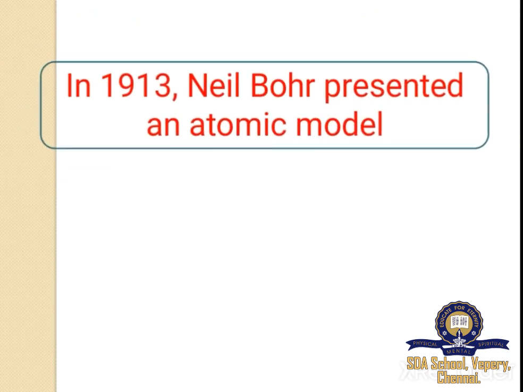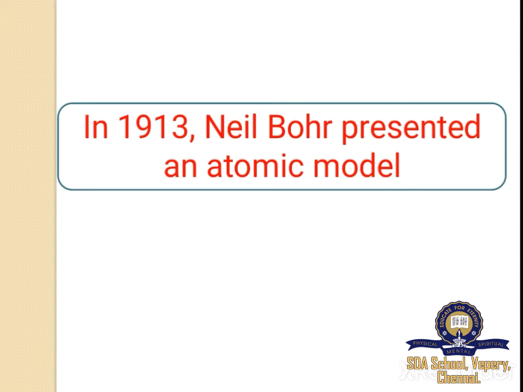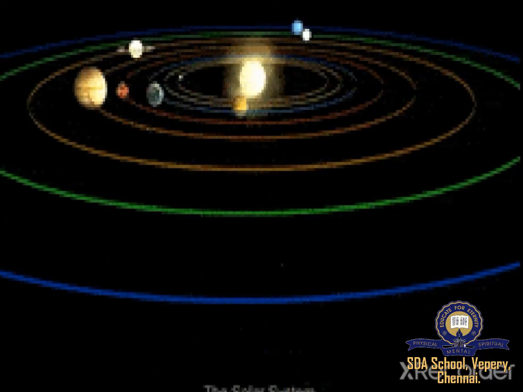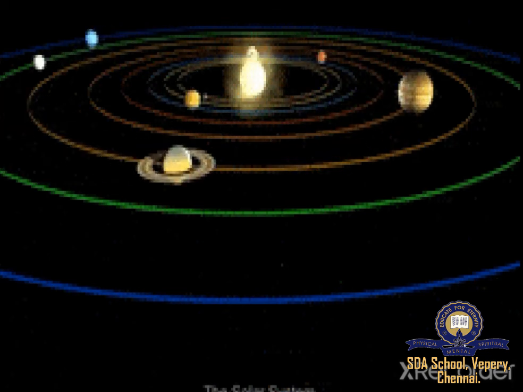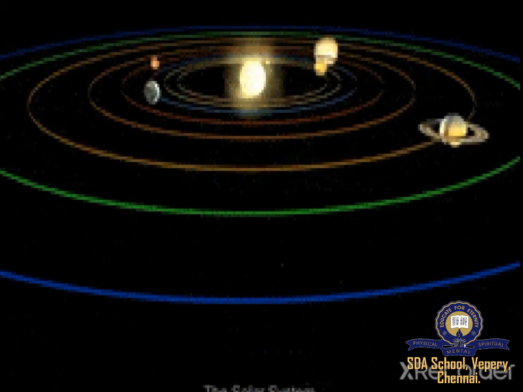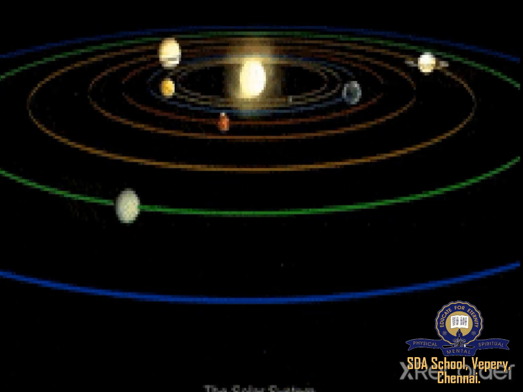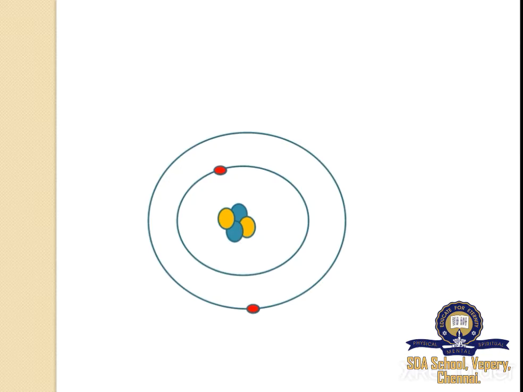Later, in 1913, Niels Bohr presented an atomic model which replicated the solar system, where the sun is located at the center and the planets move around the sun.